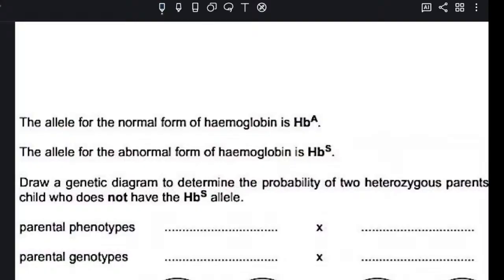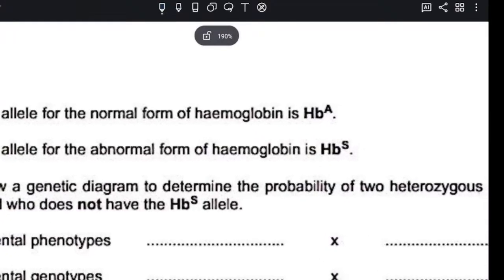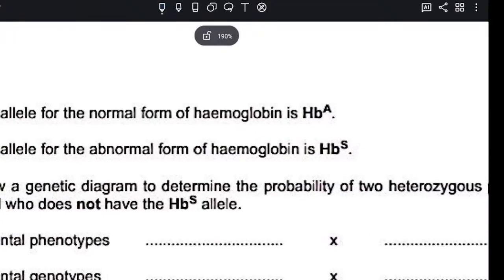What is heterozygous? What is homozygous? What is the question asking about? Is it asking about codominance or whatever? And how do you write phenotypes? How do you write genotypes and all these other things? Are you listening?